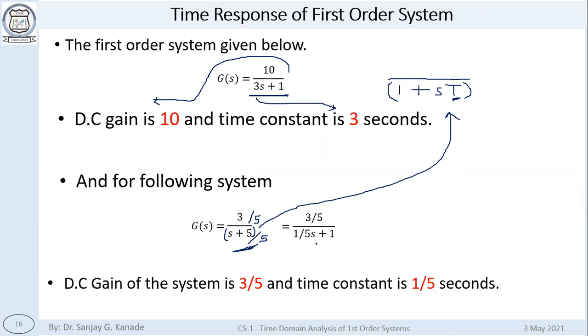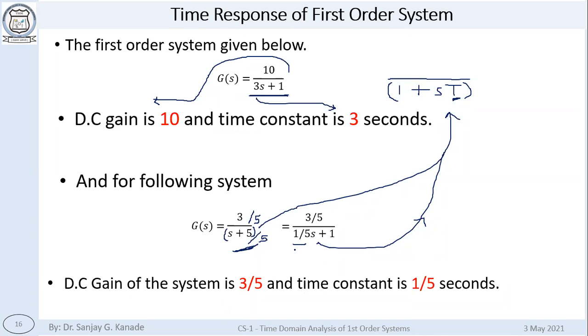Now once we get this, you can see it is in the time constant representation. Now I can say that the DC gain of the system is 3 by 5 and the time constant is 1 by 5. Remember this.